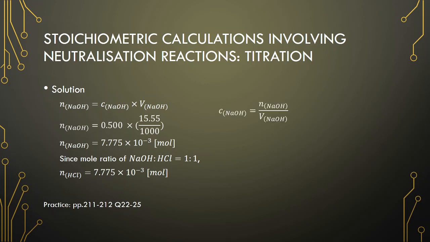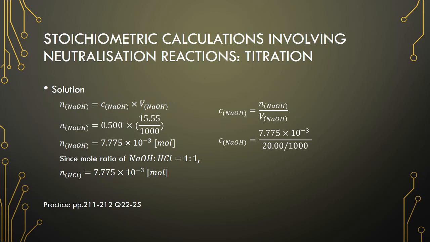By knowing that, now you can find out the concentration of HCl by dividing the number of moles by the volume that was present in the conical flask. So it should look like that. 7.775 times 10 to the power of -3 divided by 20.00.